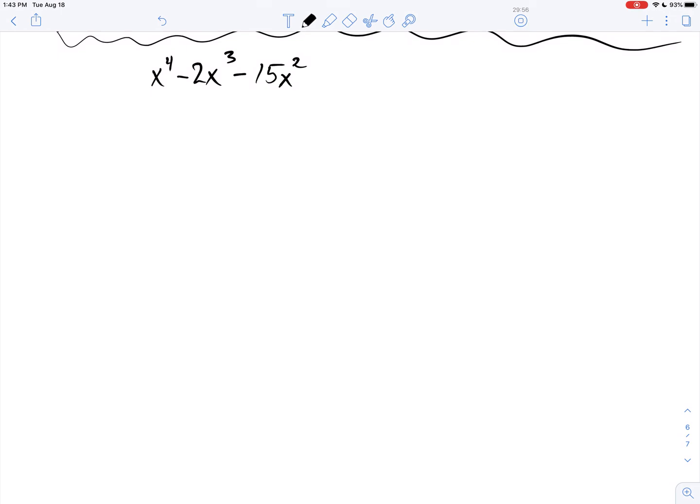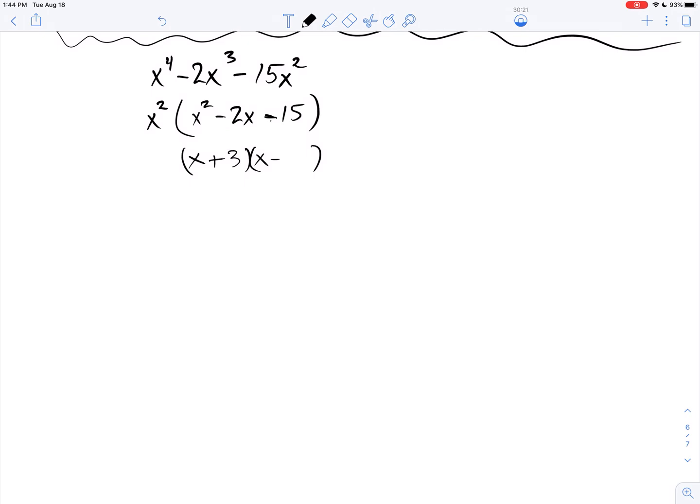Now, I could factor this. I'm going to take out the GCF. They all have an x squared at least, so I'm going to take out x squared. That will leave me with x squared minus 2x minus 15, which is a trinomial. I will then bustify this thing, x and x, plus and minus, because it ends with a negative 15 here.